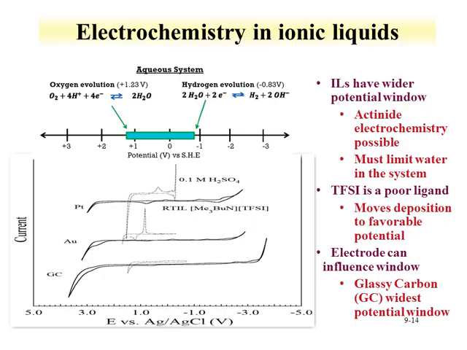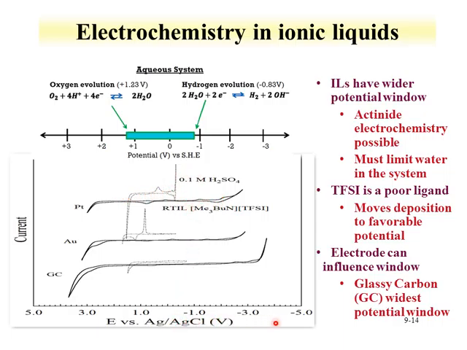And here's an example of the electrochemical window for the platinum, gold, and glassy carbon electrode with the RTIL that we're investigating. As we see, compared to an aqueous system of 0.1 molar sulfuric acid, the electrochemical window is much larger.